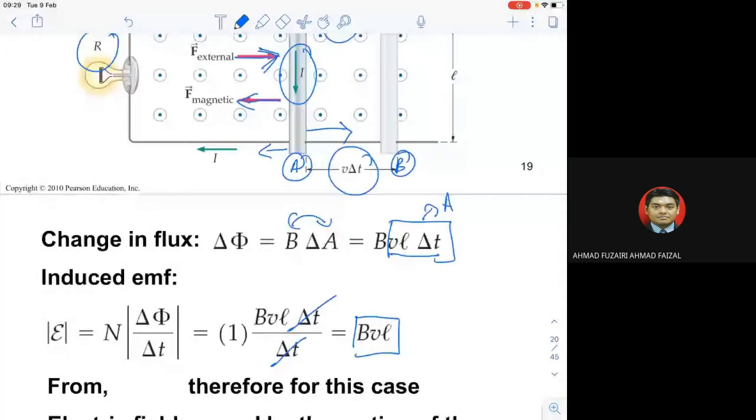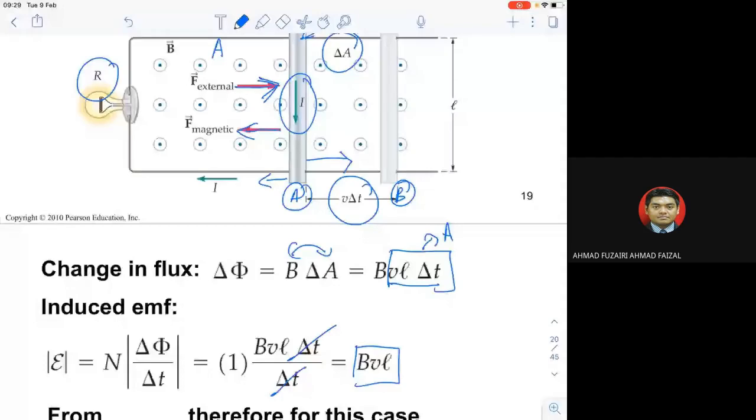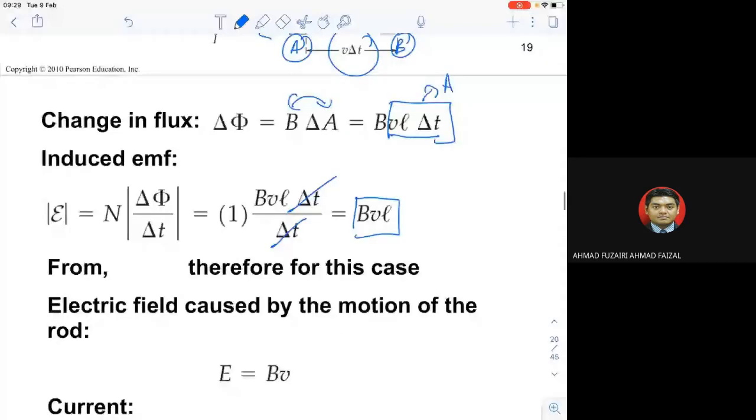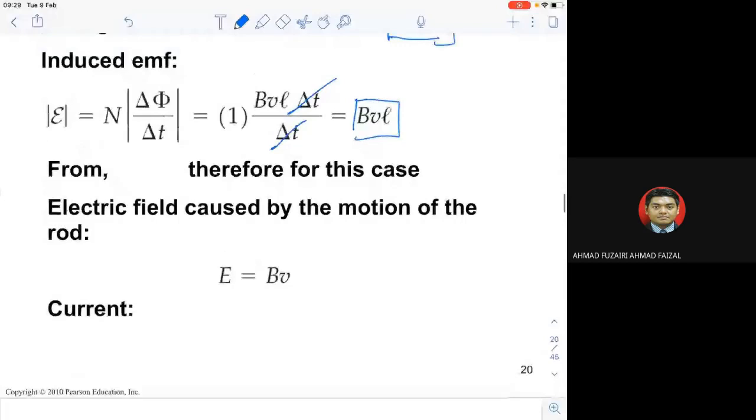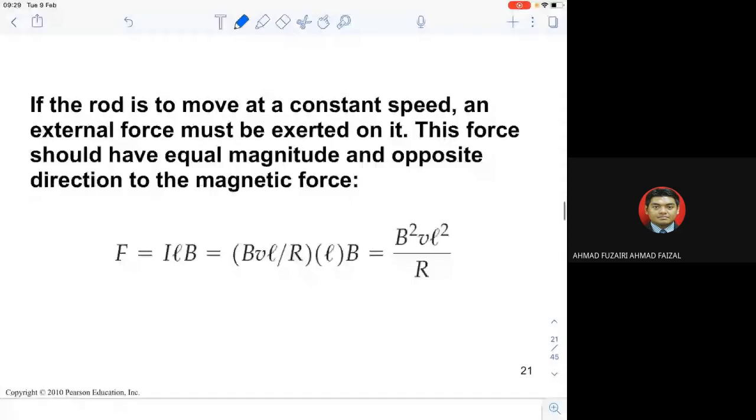B stands for magnetic field, V is the velocity, and L is the length between the wires. So in this case, E equals BVL, and of course we can derive that F equals ILB. So in the end, F equals B squared V L squared over R.